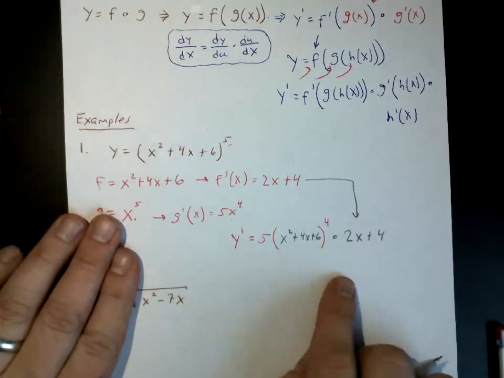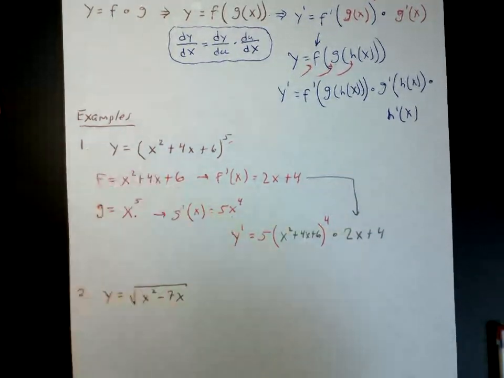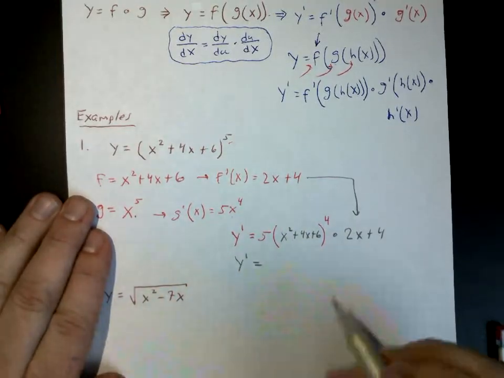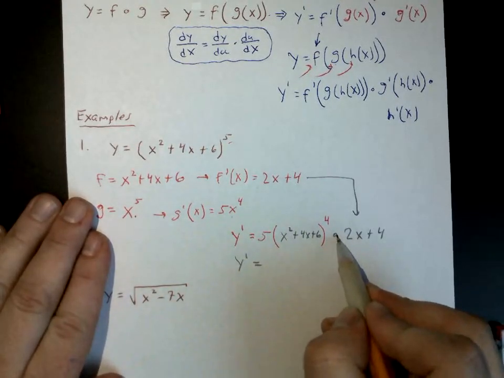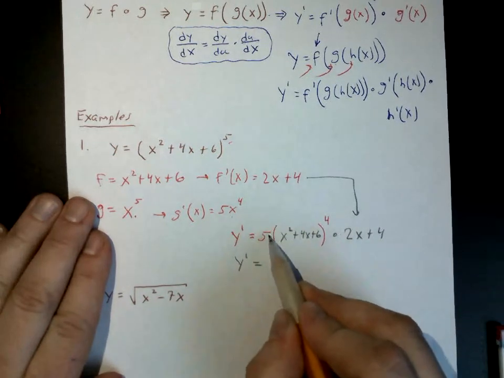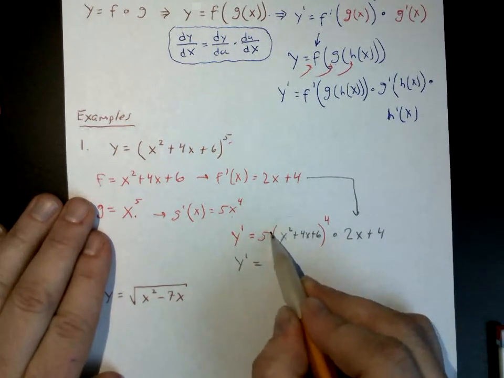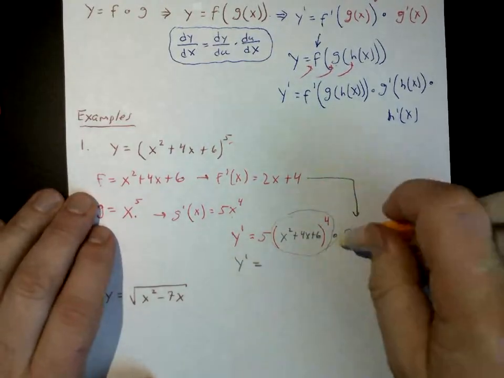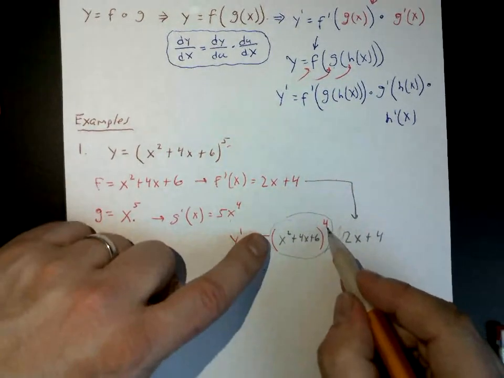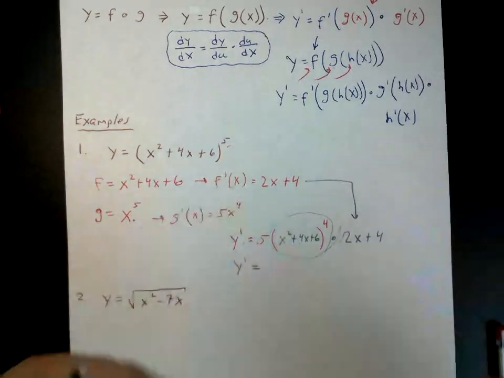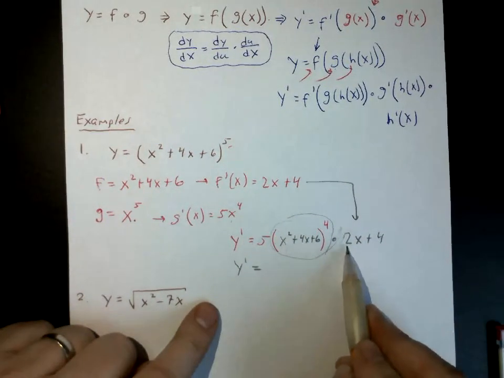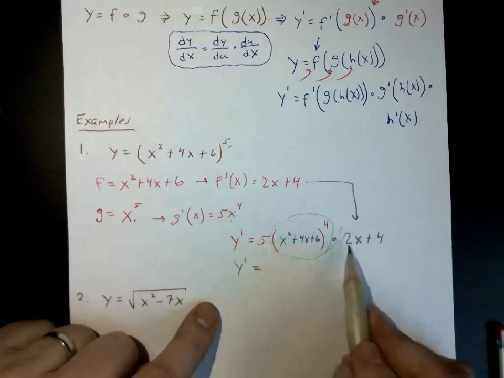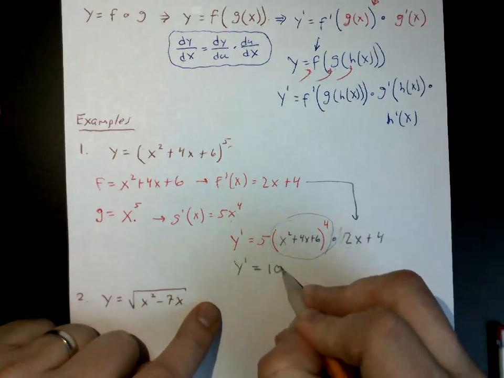Now, what you should be able to do is combine stuff together. So I'm going to finish this off saying, okay, I have that y prime. This is multiplication. I don't want to touch this part here because one is embedded into that, but that 5 is just going to be out there. So I'm going to go 5 times 2, which is 10.